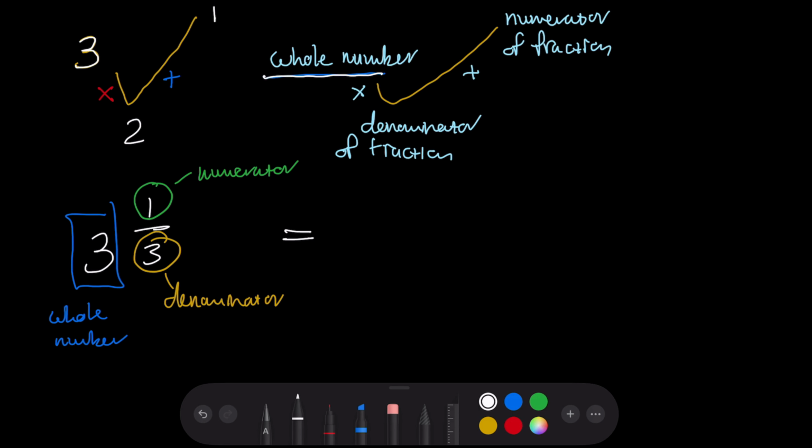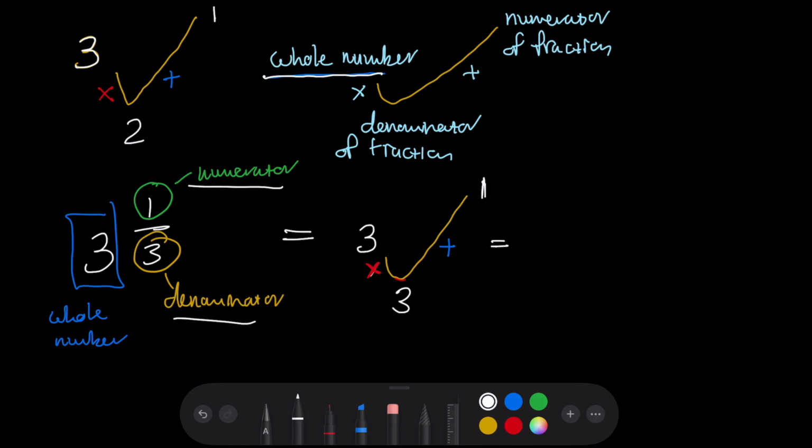I'm taking my whole number and I am multiplying it by my denominator. So once again, I can put my tick. And I'm taking this whole number and multiplying it by my denominator, which is 3. And then I'm adding it to what? I'm adding it to my numerator. And what is my numerator?